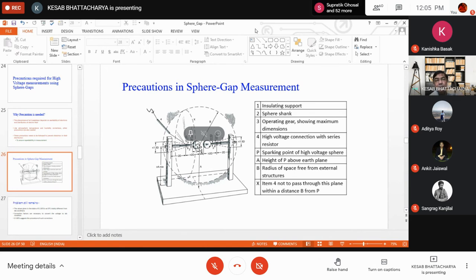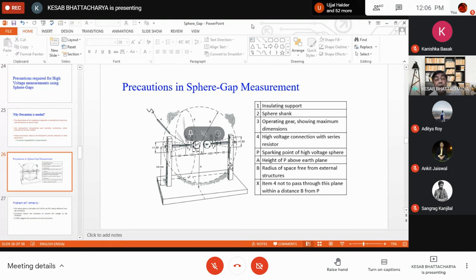Some of the field lines, if the object is an earth object, may be deviated towards it. If the object is a live object, then the field lines of that live object may affect the field distribution within the two gaps. So there should be a space which is free from any external structure.